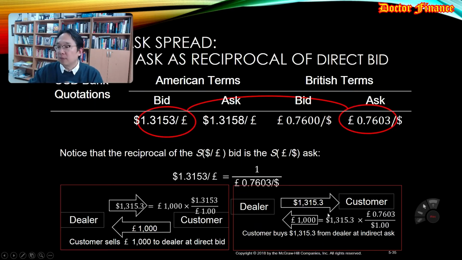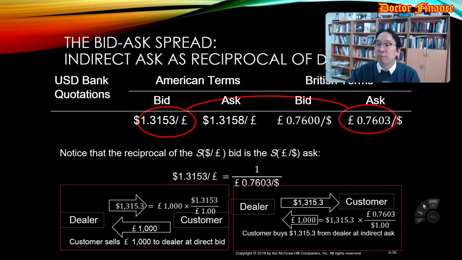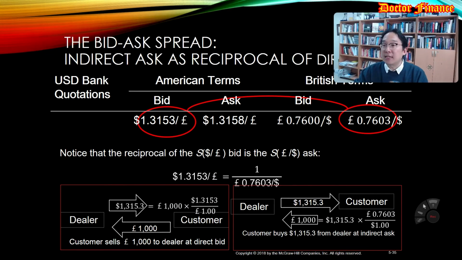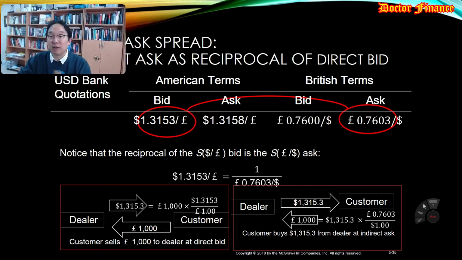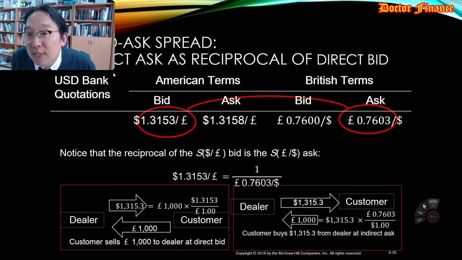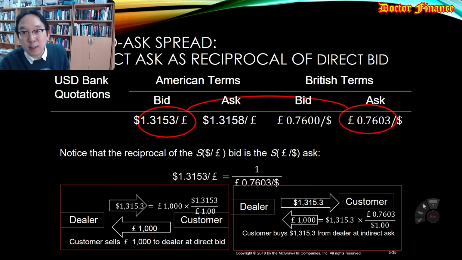Anyway, now for the bid-ask spread, the indirect ask is the reciprocal of the direct bid. What you will see in this FX spot market bid-ask quotation is a reciprocal relation. What is that about? Well, it depends on the perspective you take, right? From the dealer's perspective, they have a bid price and an ask price.